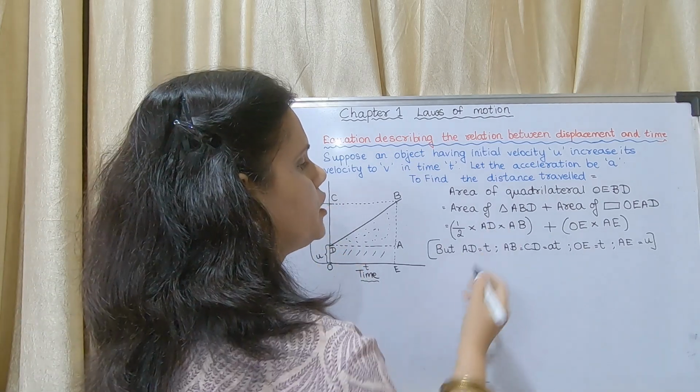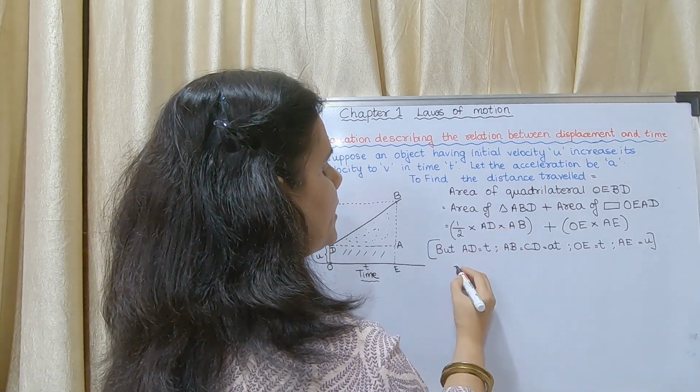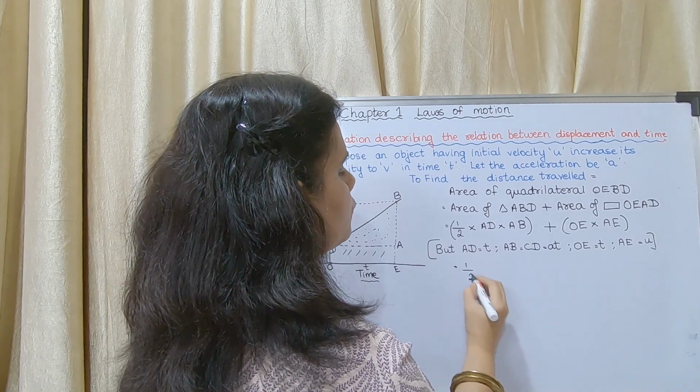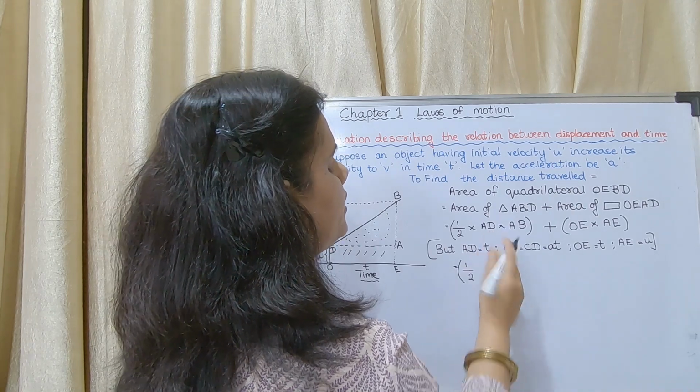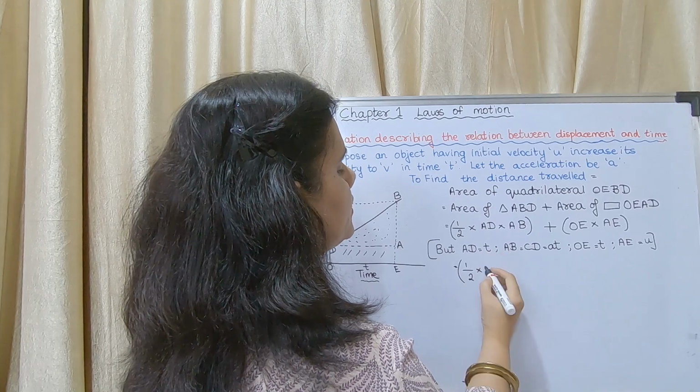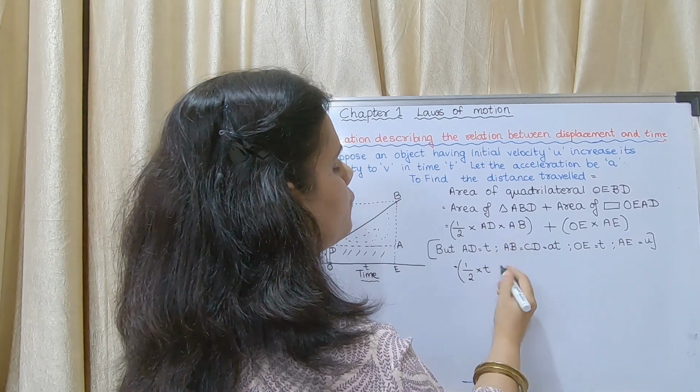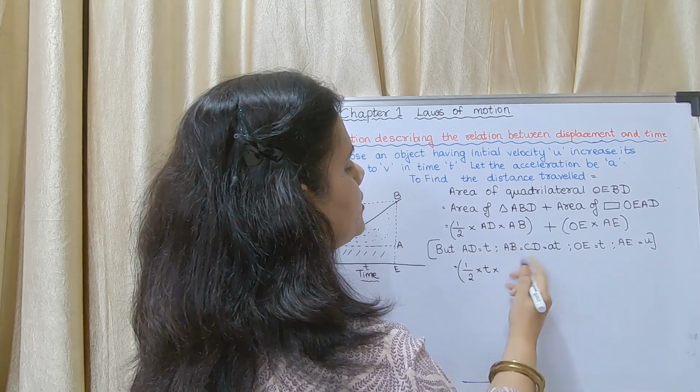Now substituting this in this, instead of AD, I will write T. Instead of AB, I will write at.